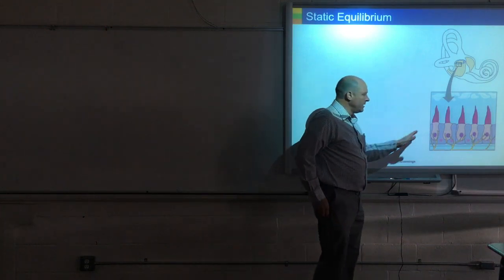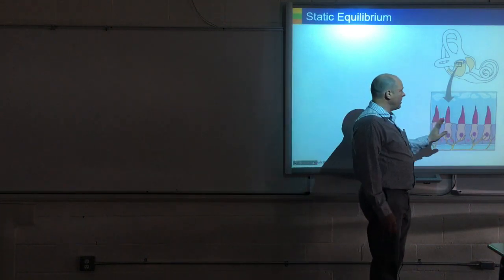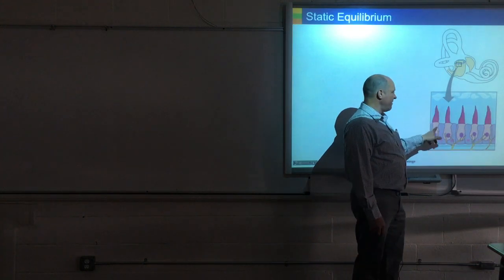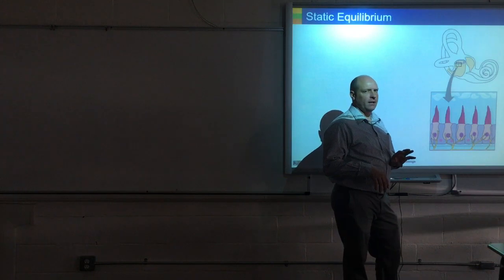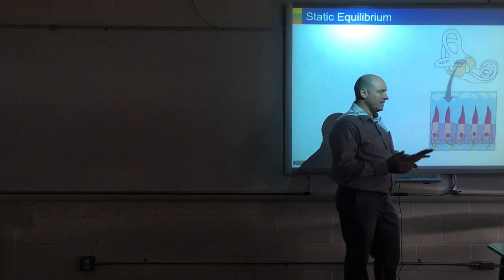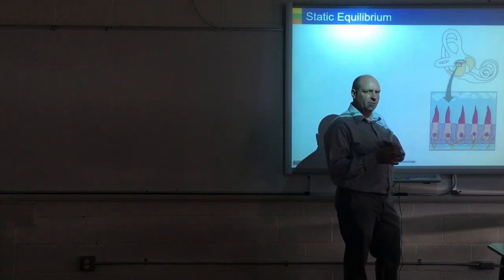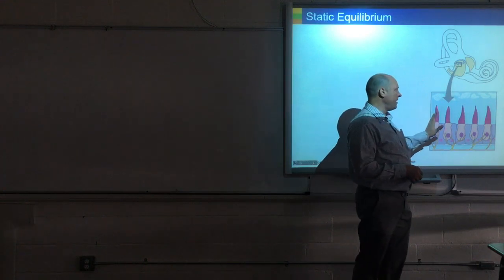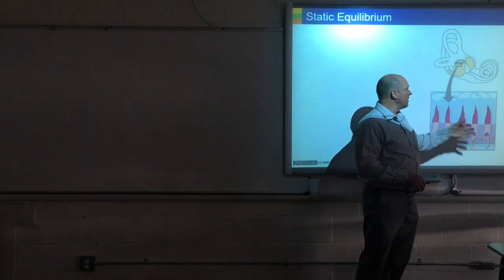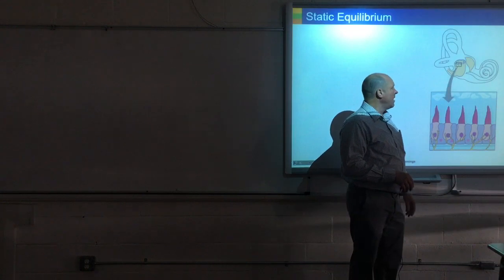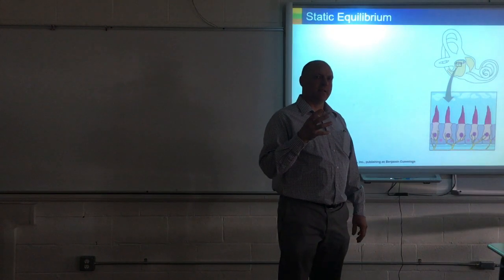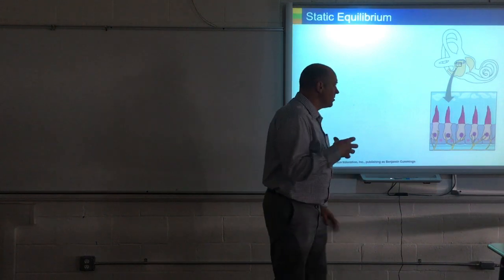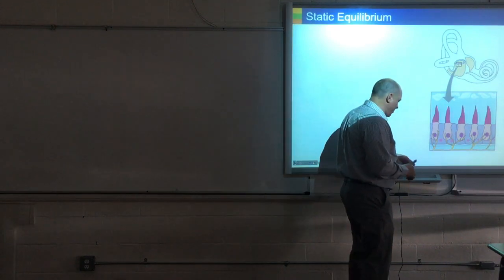Within the vestibule you have hair cells, just like the cochlea has hair cells on the basilar membrane. You have hair cells within the vestibule of the ear, and what these hair cells do is they will detect gravity.